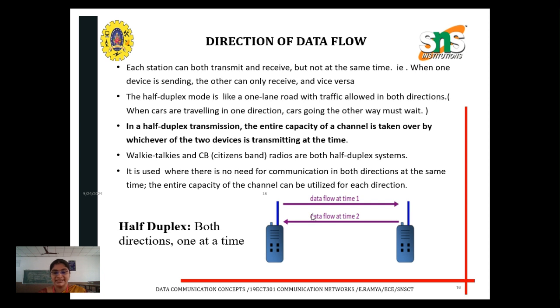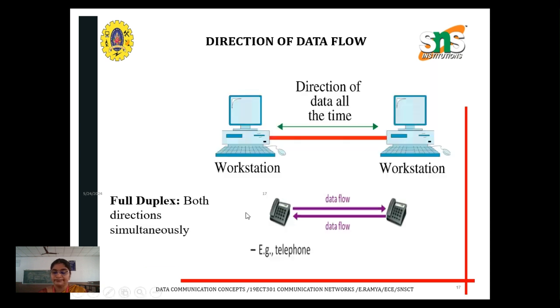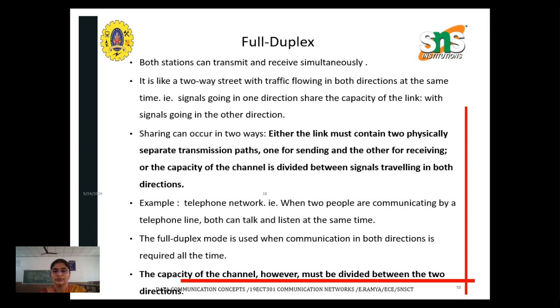In this example, data is communicated in both directions, from sender to receiver and receiver to sender, but not at the same time. A real-time example is the walkie-talkie. Full duplex is both directions simultaneously. A real-time example is the telephone. So we have three types of data flow: simplex, half duplex, full duplex.